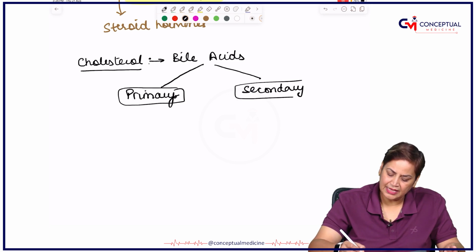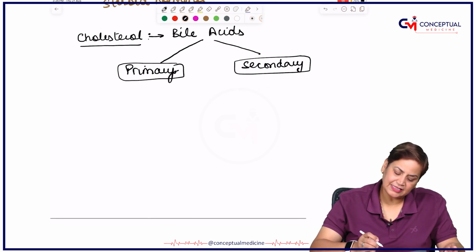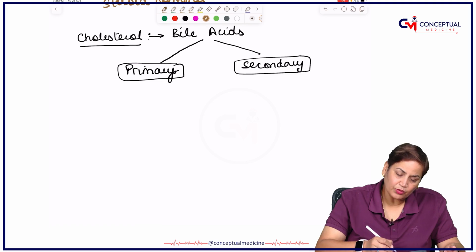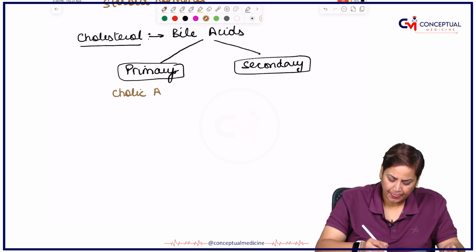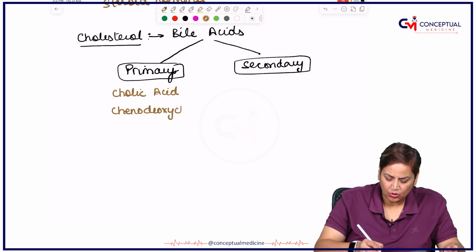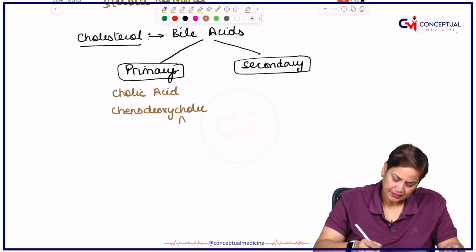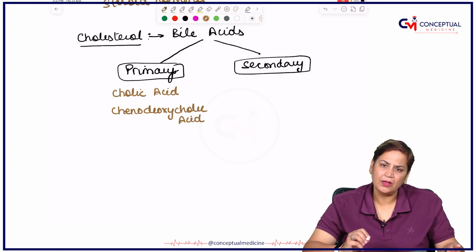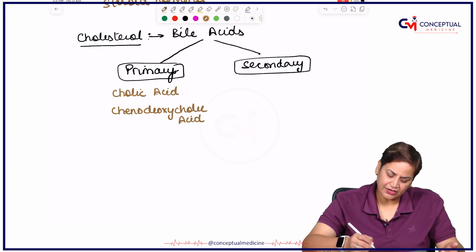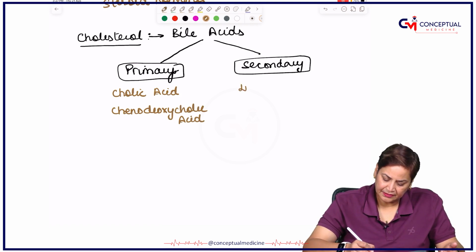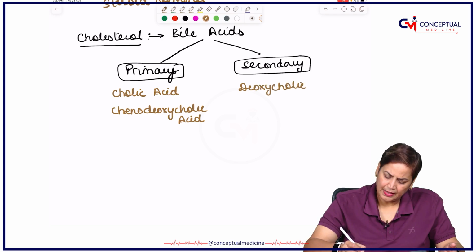Now what are examples of primary and secondary bile acids? If we talk about primary, they are cholic acid and chenodeoxycholic acid. And if we talk about secondary, deoxycholic acid and lithocholic acid.